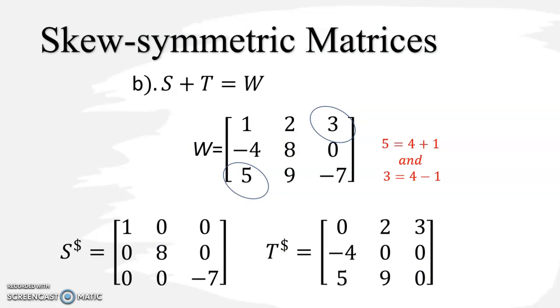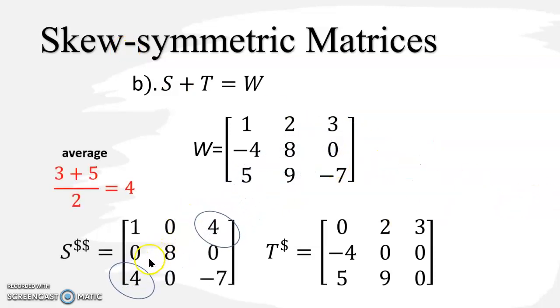I was actually looking at the 3 and the 5, and I realized that 5 is 4 plus 1, and 3 was 4 minus 1. So what if I put 4's in these upper and lower corners, and plus or minus 1 in my skew-symmetric?